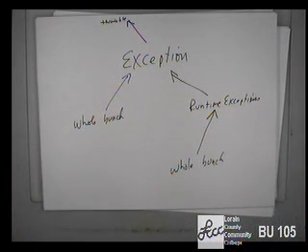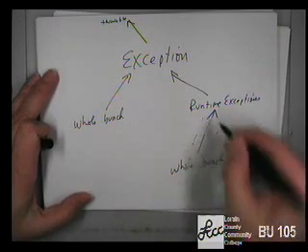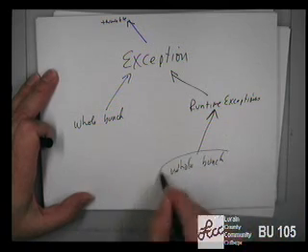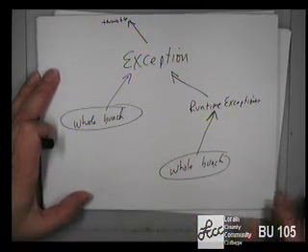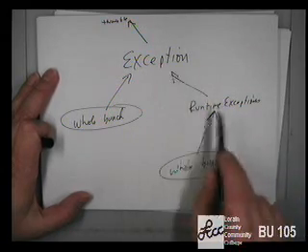What are the differences between exceptions, things that inherit from exceptions, and things that inherit from runtime exception? In other words, what are the differences between these exceptions and these exceptions? I believe these two are abstract classes.